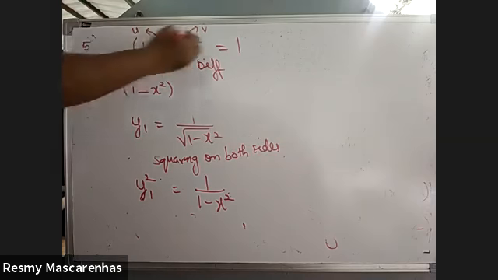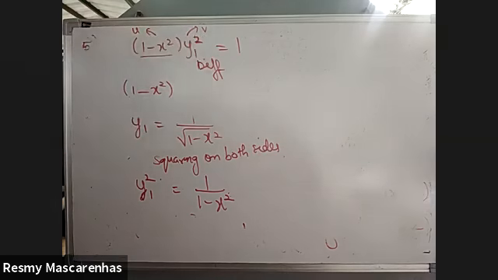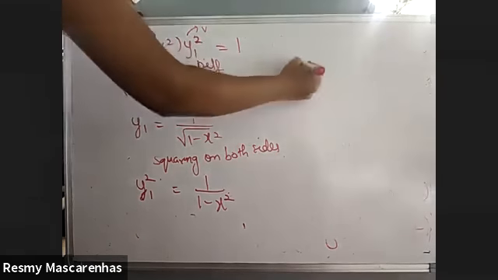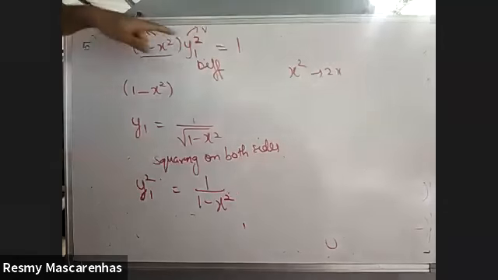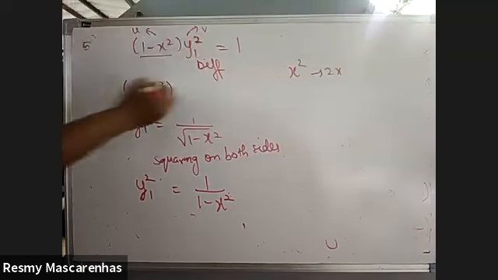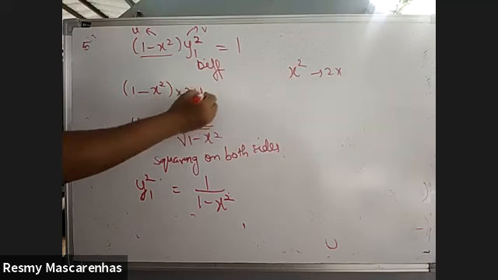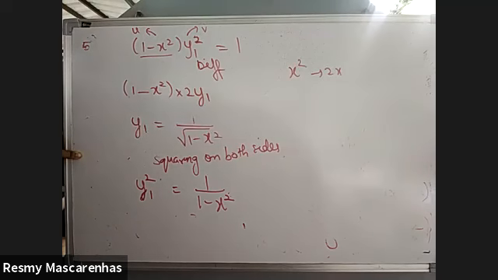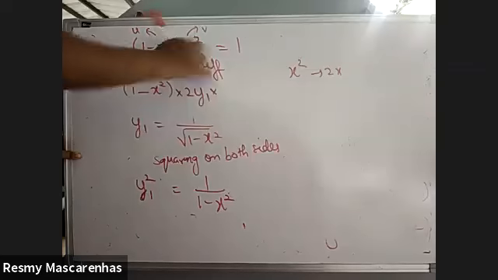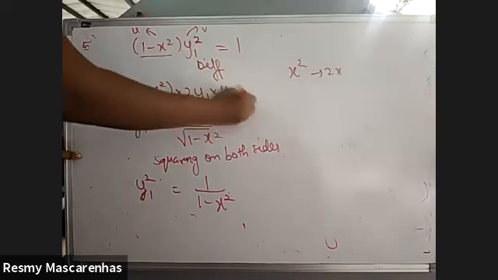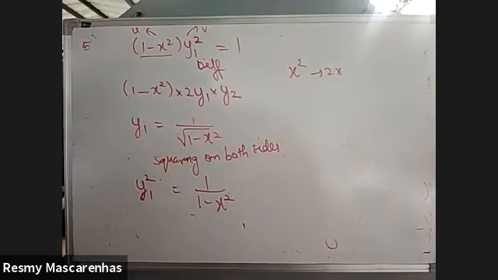See, now there's a whole square. So what you'll have to do is, this is like x square. What is the derivative of x square? Nothing but 2x. Same way, the derivative of y1 square would be 2y1, and then the extra derivative of y1 will give you y2.